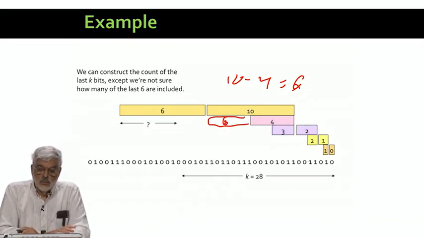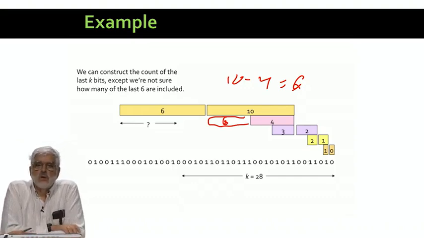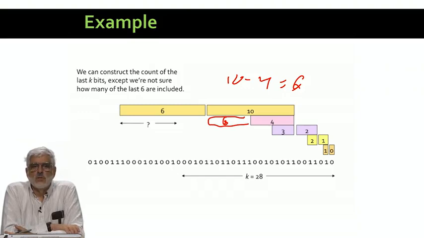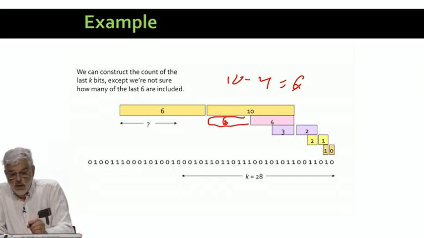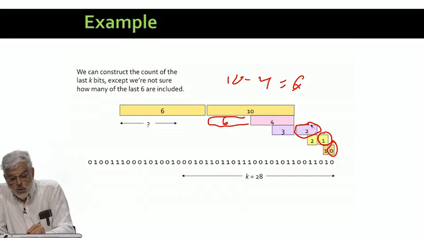Okay, now suppose we get a query for how many 1s there are in the most recent 28 bits. We can add up the counts of certain blocks, some little blocks at the right end and some bigger blocks going to the left. We want to pick blocks so that each of the most recent 28 bits is covered by exactly one of the blocks we choose. So we pick this block of length 1, this block of length 2, this of length 4.